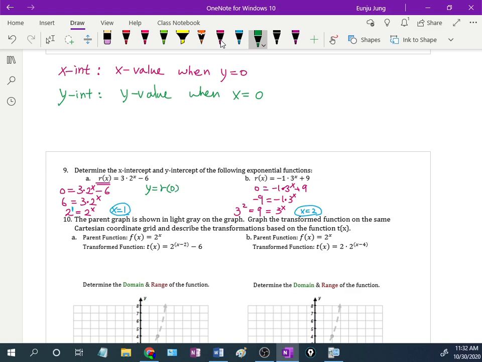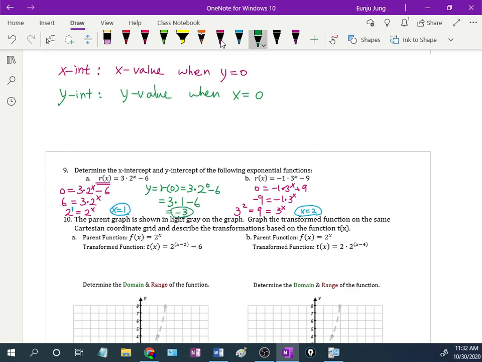So we plug 0 instead of x in the function, and then we will evaluate it. 3 times 2 to the 0 power, subtract 6. I need to do power first. Anything to the 0 power is defined as 1. So 3 times 1, and subtract 6, and your y-intercept will be negative 3, okay?